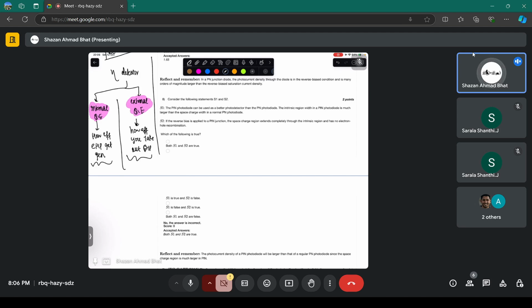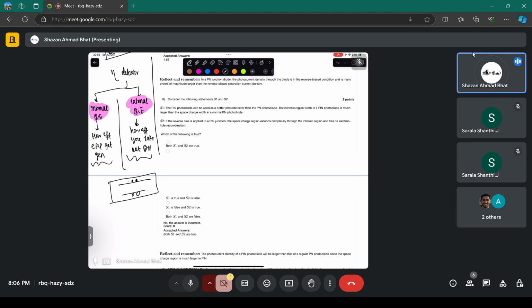Internal quantum efficiency is how many electron hole pairs are at first getting generated inside the material. Now, once they are generated, you can separate them. But how well you are separating them determines the external quantum efficiency of the photodetector. Okay, let's say you have a photodetector and you have generated electrons and holes here.